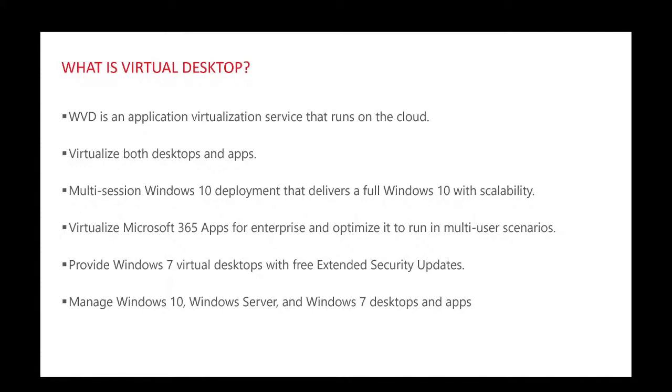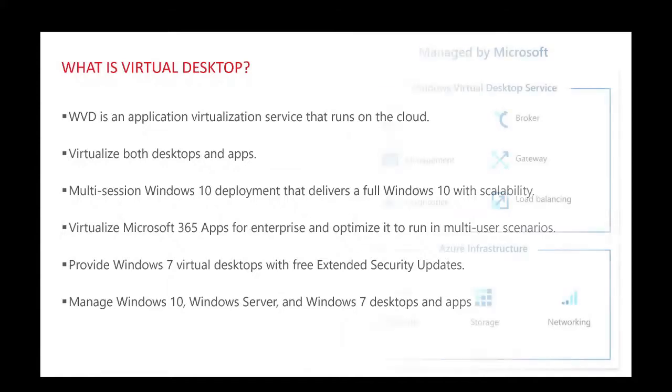And even more than that, you can virtualize Office 365, Microsoft 365 applications, and optimize them for multi-user scenarios. Also you can install Windows 7, and also with free extended security updates. And you can manage Windows 10, Windows Server, Windows 7 desktops as well as apps. So these three variants are available.